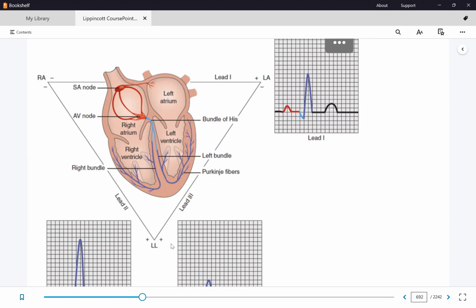A 12-lead ECG has 10 electrodes, but they give you 12 views because 2 of them are bipolar leads, meaning those leads carry a positive and a negative. Again, I'm not here to explain all these concepts because it's not testable. You need a separate ECG class to understand how an ECG works. We're just here in this class to interpret the waves and complexes.